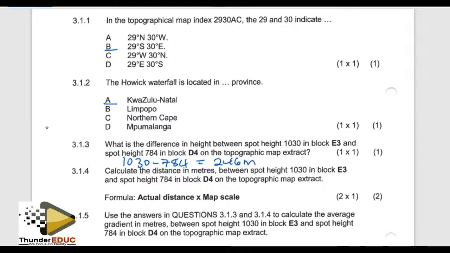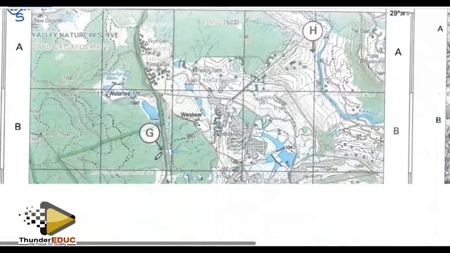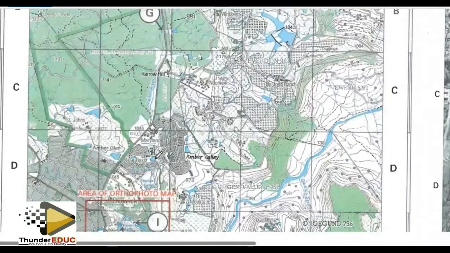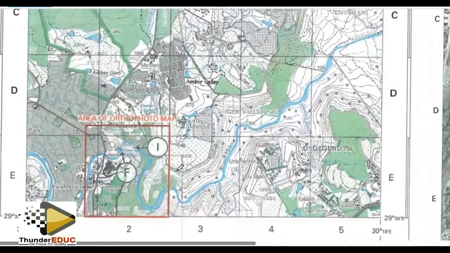246 meters. Then 3.1.4, calculate the distance in meters between spot height 1030 in block E3 and spot height 784 in block D4 on the topographic map. So let's go to block E3 and block D4. The block E3, this is E1, E2, E3.